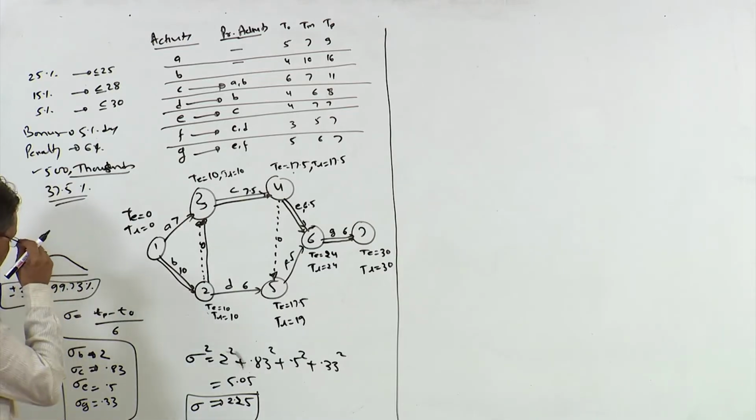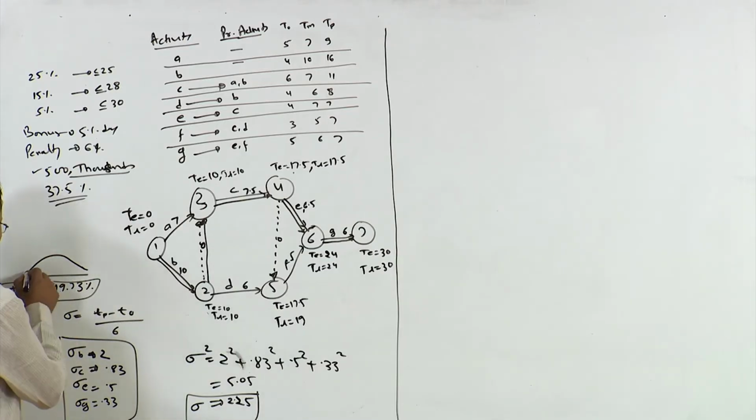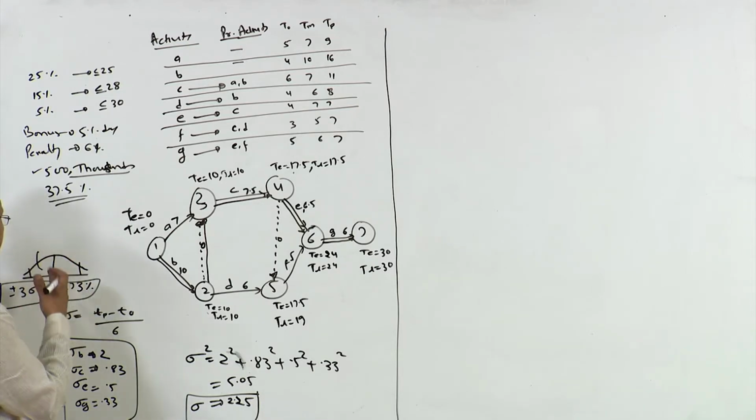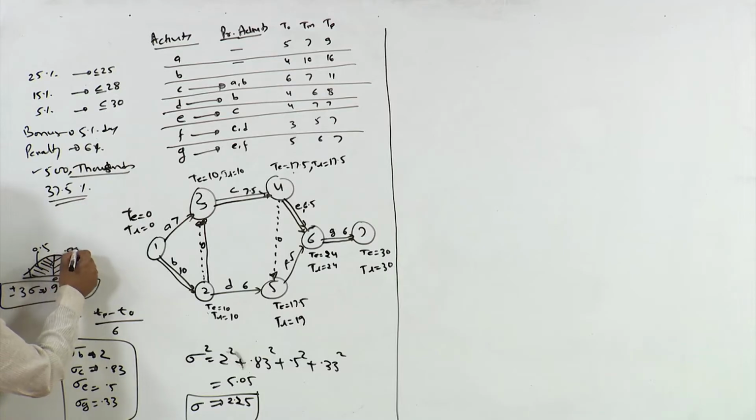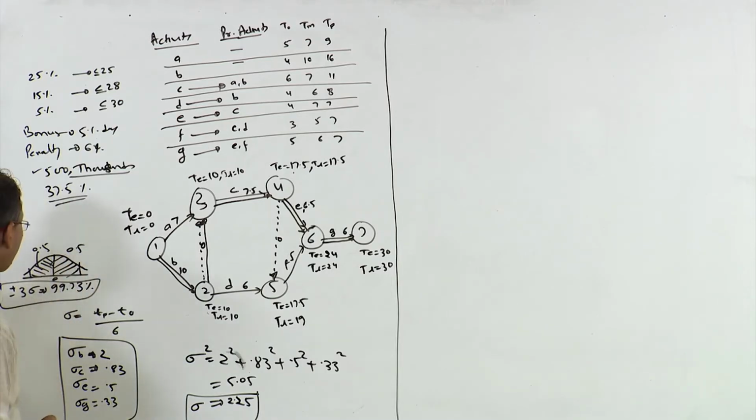So, approximately let us say this area is 99.73 and this is your 0 point. Generally we say that the area under the curve is unity, or 1. So, this area is 0.5 and this area is also 0.5. This is how we say that the total area under the curve is 100%.